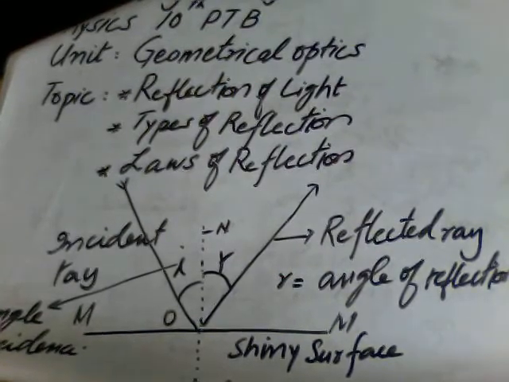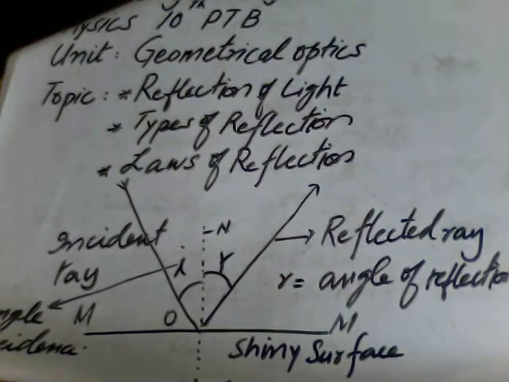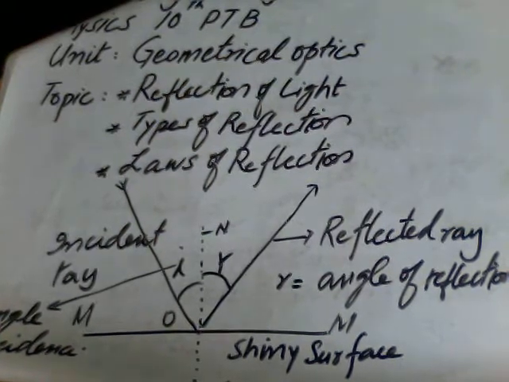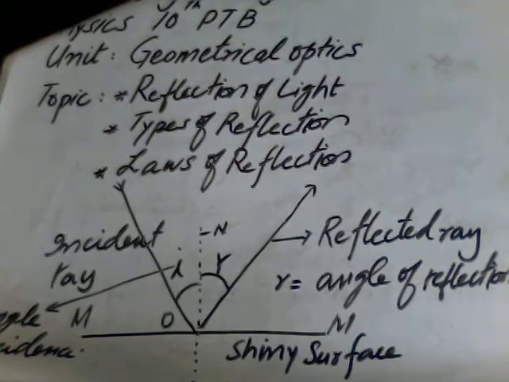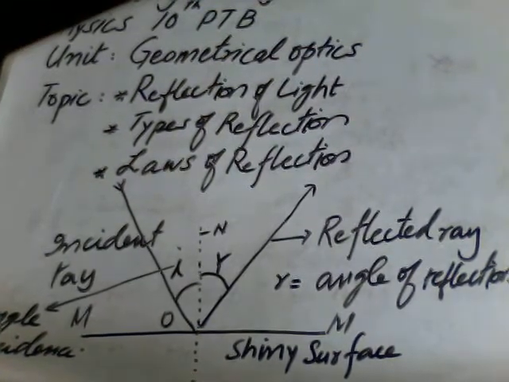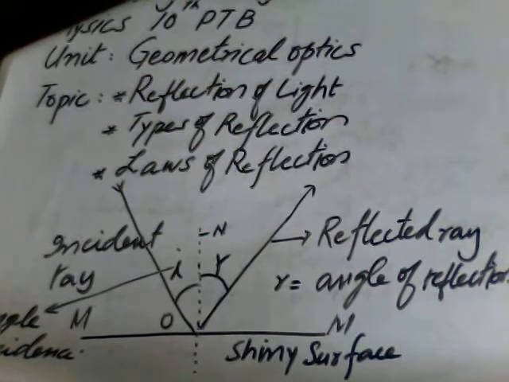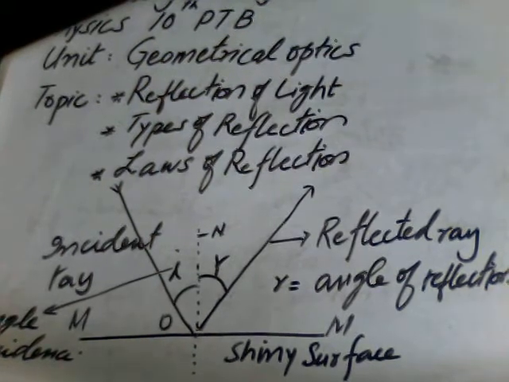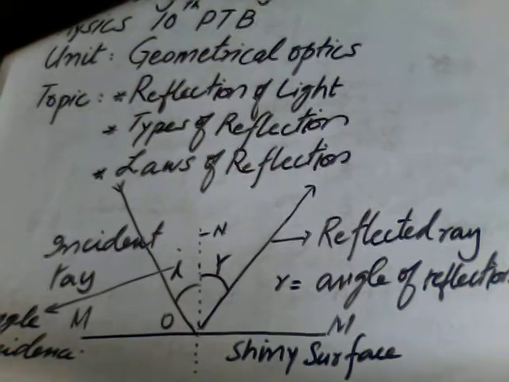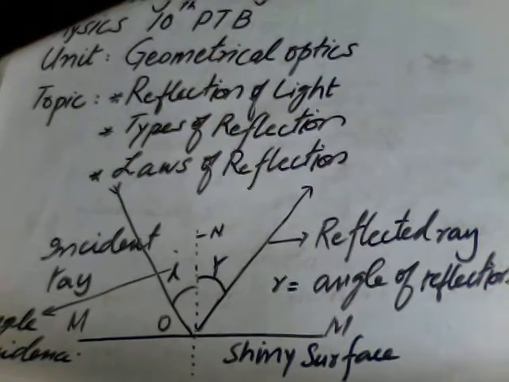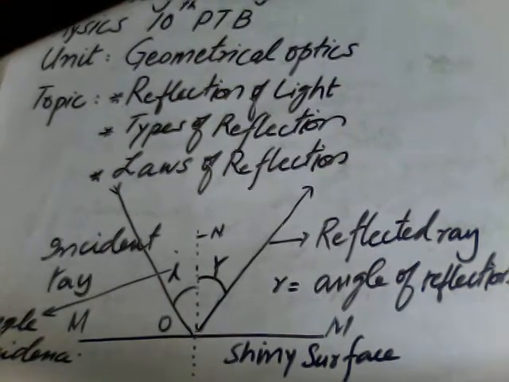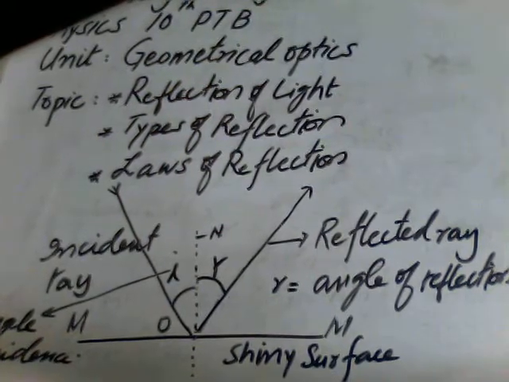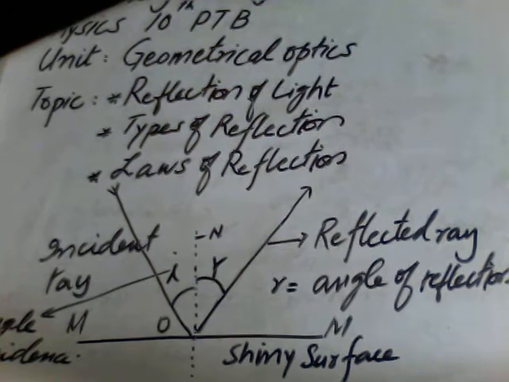And there are some other surfaces, shiny surfaces, like a mirror or highly polished tin, or some other objects which are polished, smooth. When light strikes them, they reflect the light in the same medium. Medium means that through which light can pass, like air, space, and water, other liquids.